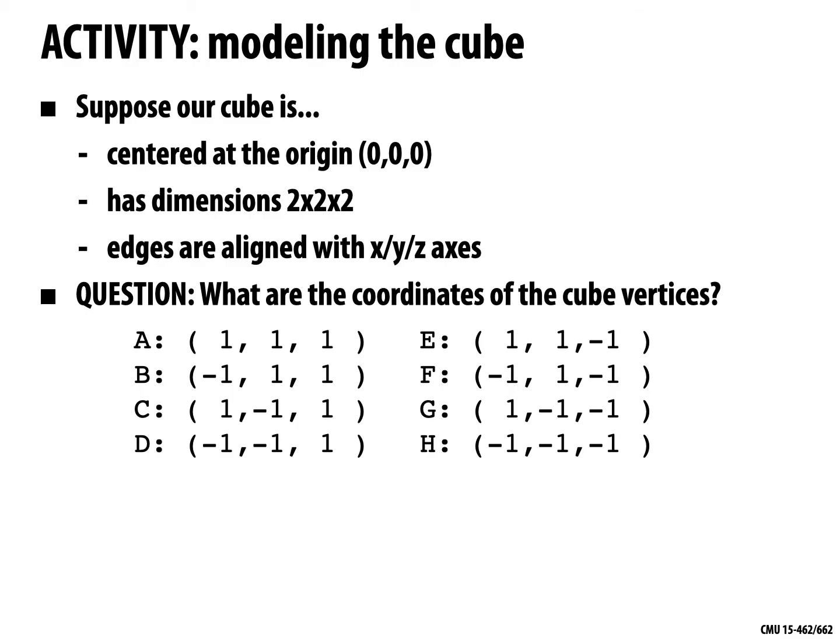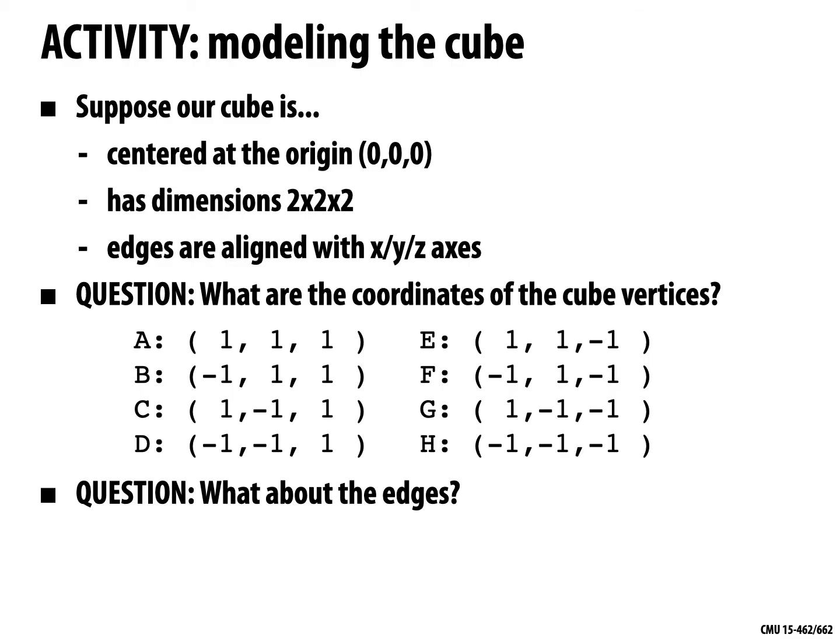Okay, well, there are a couple natural possibilities here. One that's pretty straightforward is I could list all the edges. I could say not only where are the 8 corners in space, but which of those points are connected to each other by an edge of the cube. And one simple way to specify that would be to say, okay, an edge has 2 endpoints.